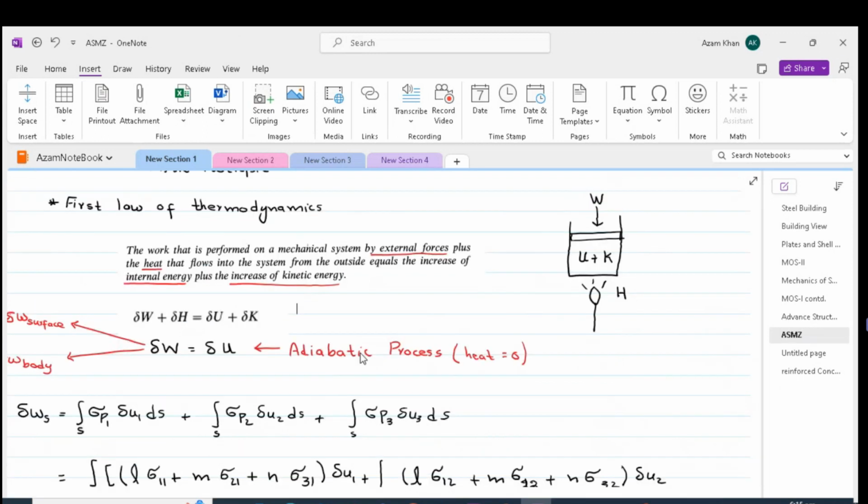We allow each point to undergo infinitesimal increments or variations in displacements, and we indicate that by a small delta, shown here. We can see small delta U1, small delta U2, and small delta U3, which are infinitesimal increments, the so-called variations in the displacement components.